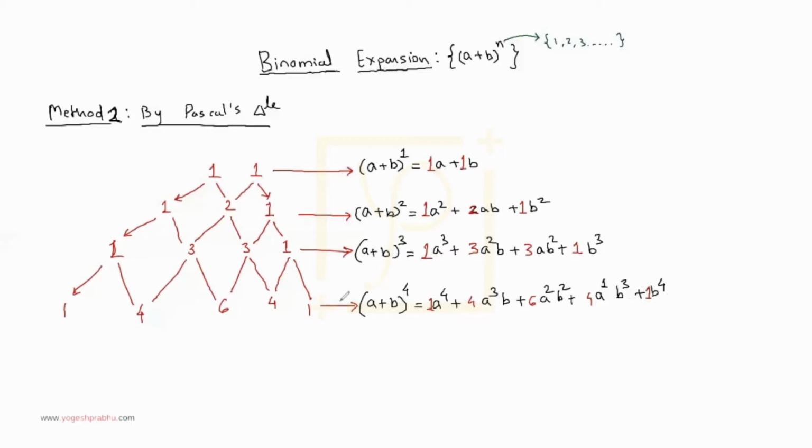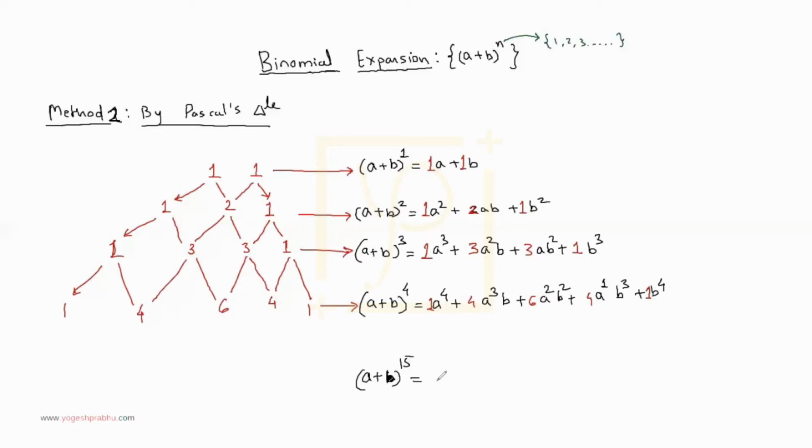But once again, if I have to find out, say, the expansion of a plus b raised to 15, the Pascal triangle is also going to be a tough way of solving, because I cannot start in between. I cannot directly get the values here. I have to start from 1, 1, and keep on stretching, keep on adding, and I'll get this answer. But there is a lot of writing, even to find a plus b raised to 15.